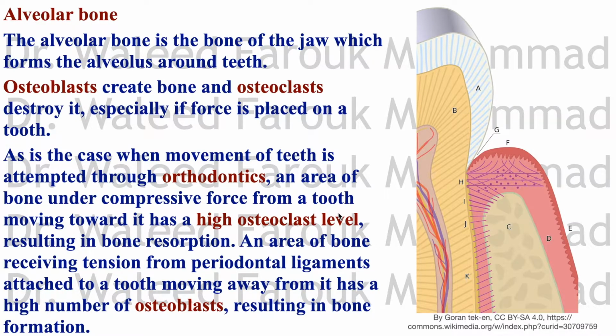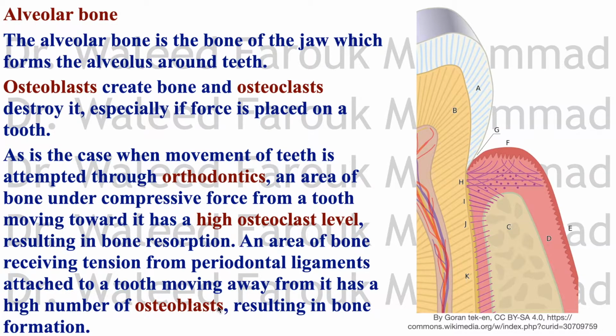It depends on where you apply compressive force, from a tooth moving toward it; this area will have a high osteoclast level, so bone resorption will begin in this area. On the contrary, on the other side, an area of bone receiving tension from the periodontal ligaments, not compression, will show increased osteoblast activity, so there is an increase in bone creation on the other side.